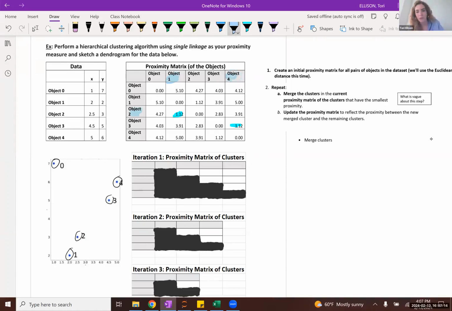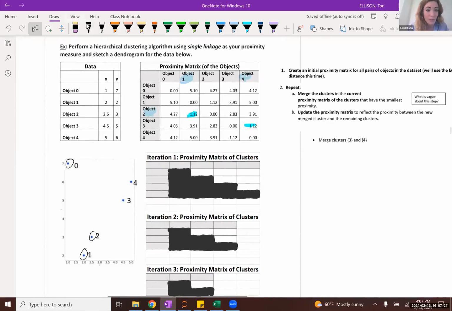So we might choose to merge 3 and 4 first. So I'm going to merge clusters 3 and 4. And now what ends up happening is something that we also want to be keeping track of for when we actually create our final dendrogram: not just when two sets of clusters merge, but also the proximity with which they merge, or in other words, the distance between those two clusters when they have been chosen to merge.